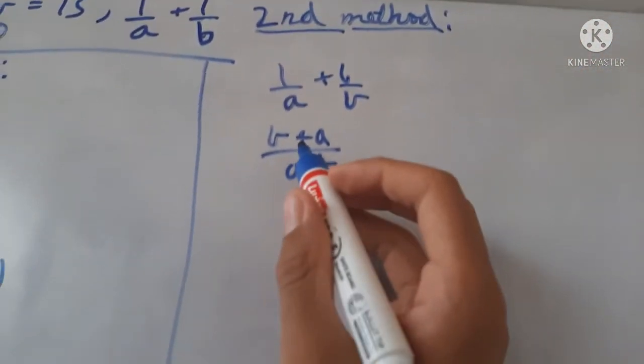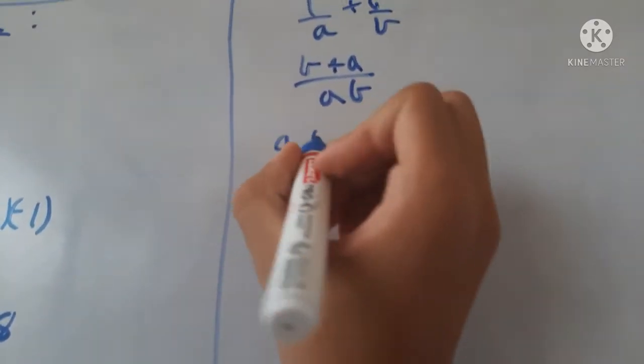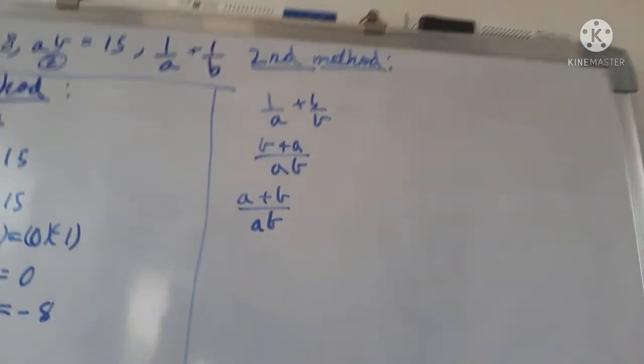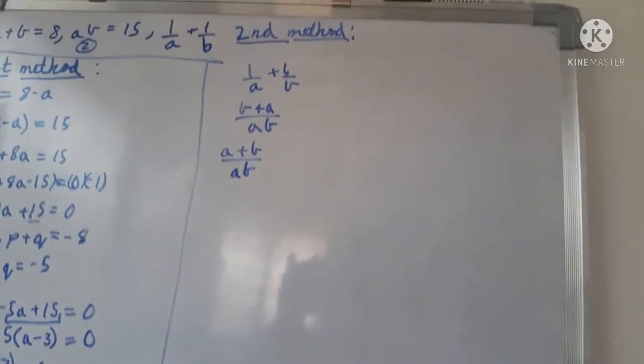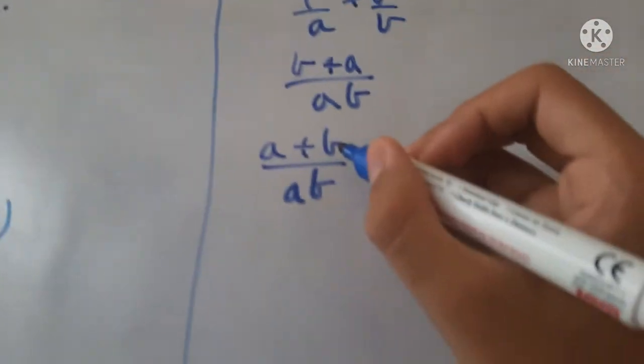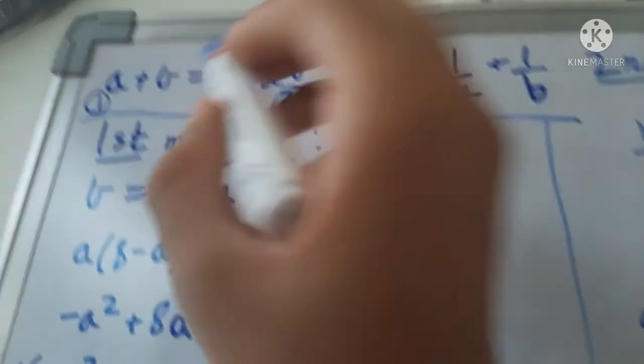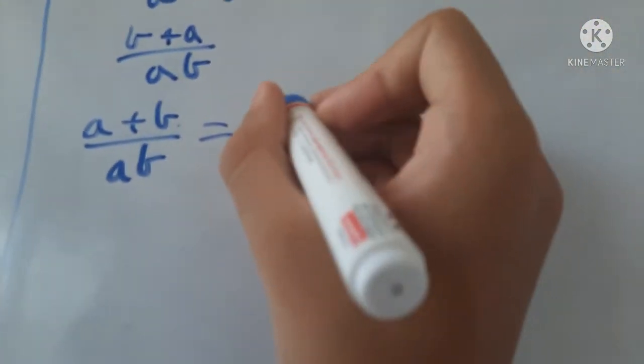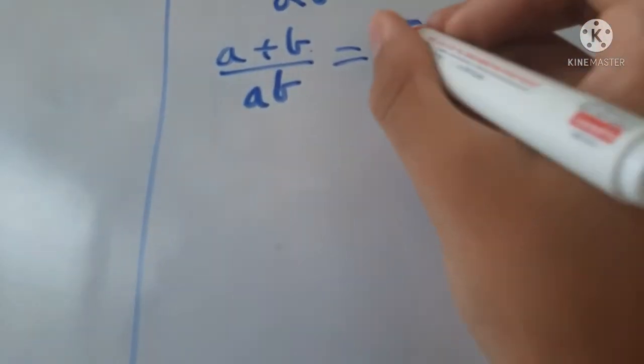Addition is commutative, so we get a plus b upon a times b. That makes our problem much easier, because we've been given the value of a plus b directly and a times b directly, so we can just write the answer as 8 upon 15.